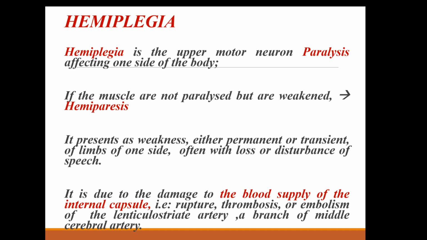Now, one of the important scenarios given in exams is hemiplegia. What is it? Hemiplegia is the upper motor neuron paralysis affecting one side of the body. If the muscles are not paralyzed but are weakened, the condition is known as hemiparesis.